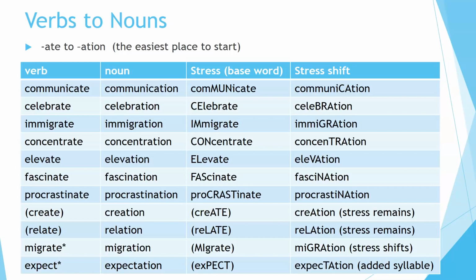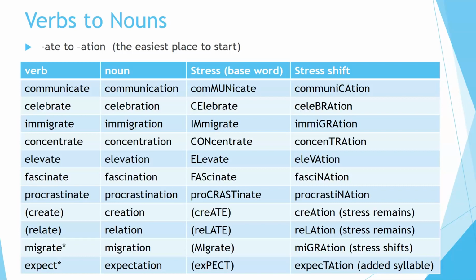Create, relate. These are 2-syllable words, and the stress in 2-syllable words usually falls on the second syllable. So, create becomes creation. The stress remains on the second syllable because it's the second one from the end.